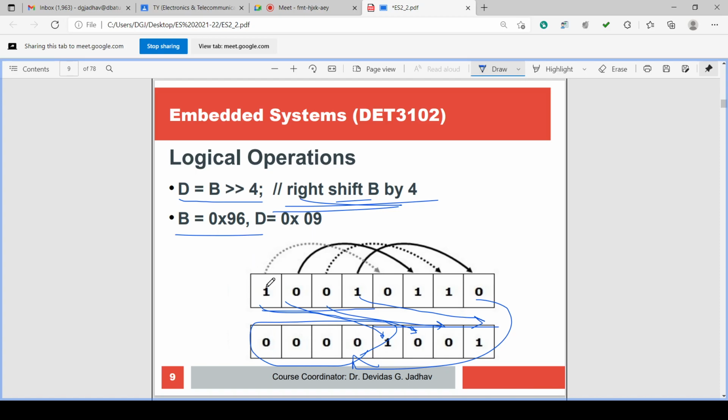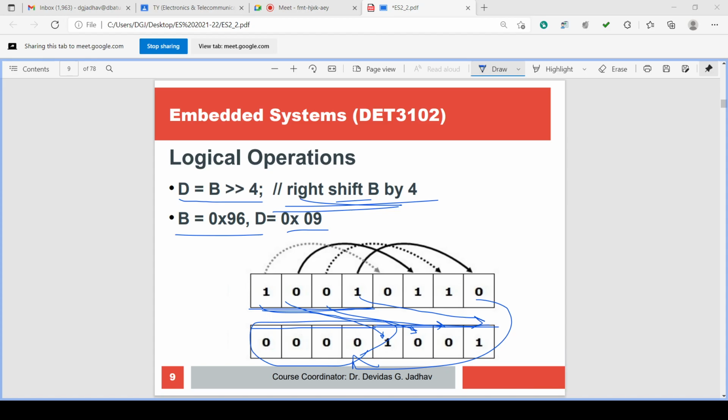So 96 in this case becomes 09, a 0 and this 9. The 9 is shifted 4 times. So the MSB, the upper hex digit, becomes the lower hex digit, and the upper hex digit is 0 because it is filled with 0. So 96 becomes 09.